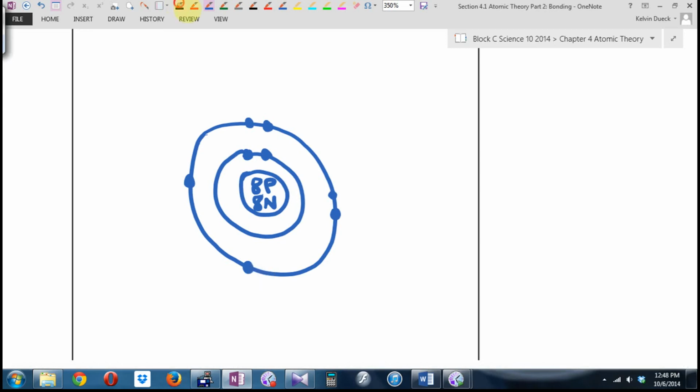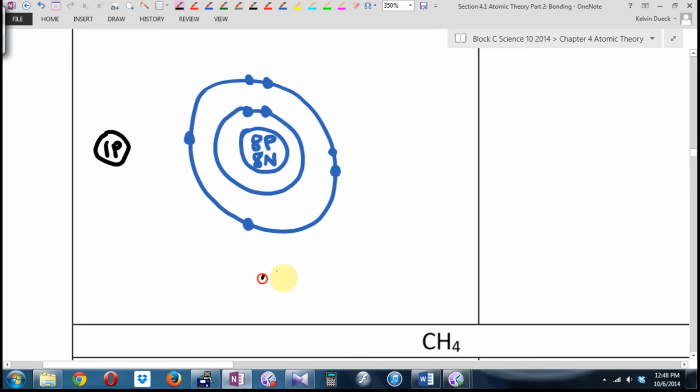Which means that a hydrogen is going to go there and a hydrogen is going to go here, because that's where we're missing electrons. Except, I'm doing the symbol. Sorry. If you did the symbol, that's fine. Hydrogen has 1 proton, no neutrons. Do the math. It's the simplest atom.